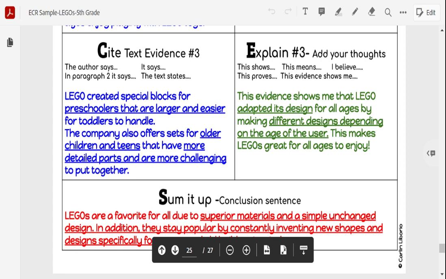So what does that show? This evidence shows me that Lego adapted or changed its design for all ages by making different designs depending on the age of the user. So I'm summarizing what it says over here. This makes Legos great for all ages to enjoy.